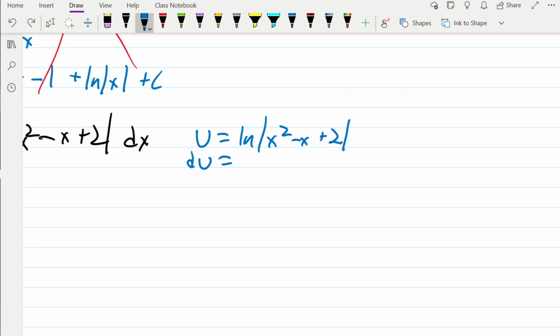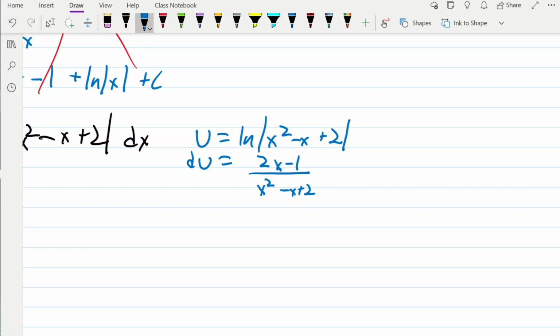Oh yeah, I forgot this is the derivative. So wait, 2x minus 1. That looks like it's coming from the chain rule right there, over x squared minus x plus 2.